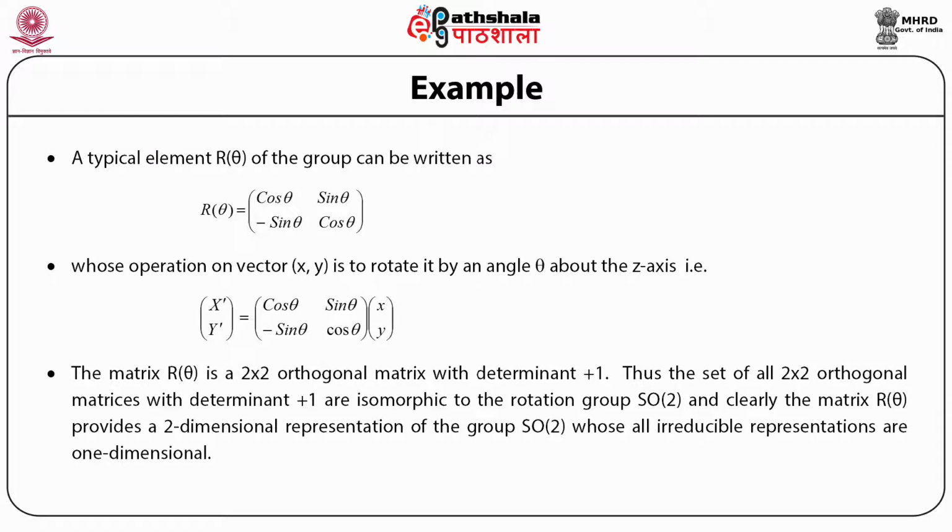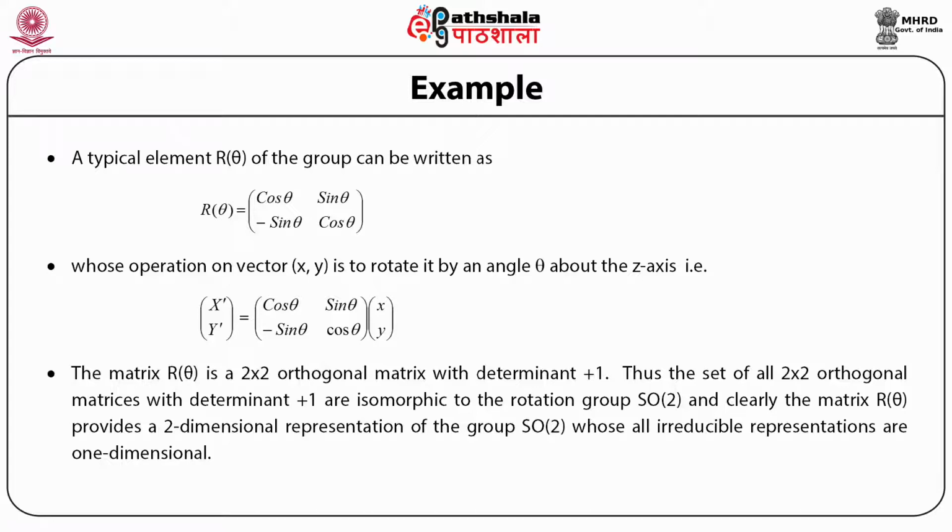So instead of rotation, suppose we consider the set of all 2 by 2 orthogonal matrices with determinant 1; then obviously this set is isomorphic to the rotation group SO(2). And clearly the matrices R(theta) provide a two-dimensional representation of the group SO(2), whose irreducible representations are all one-dimensional.